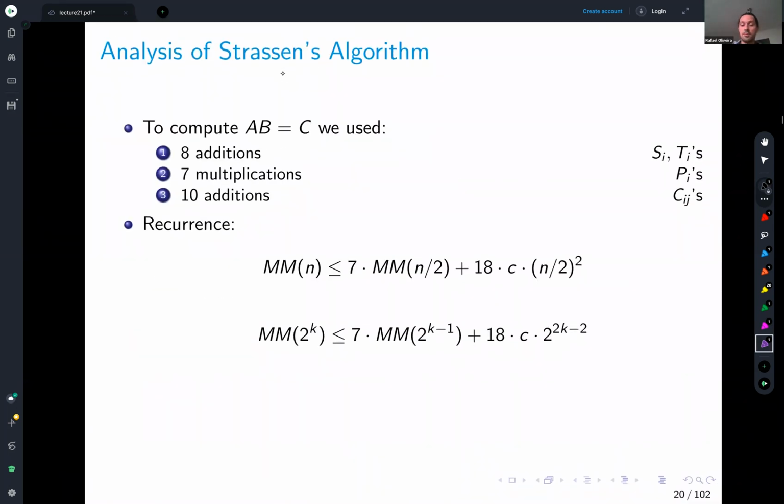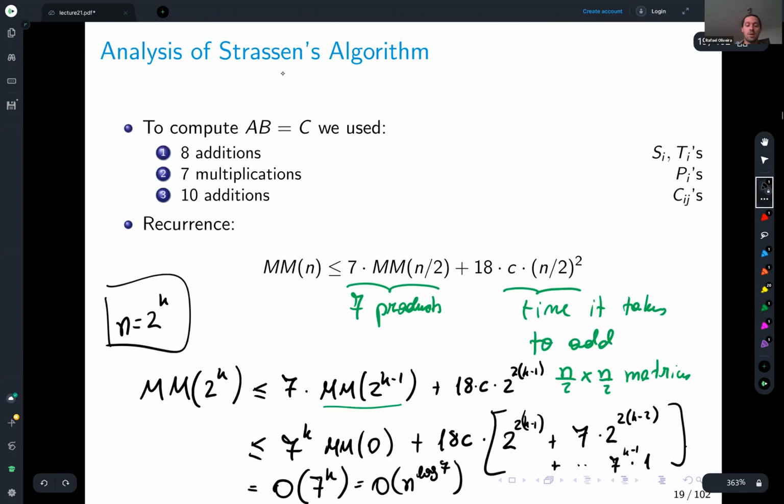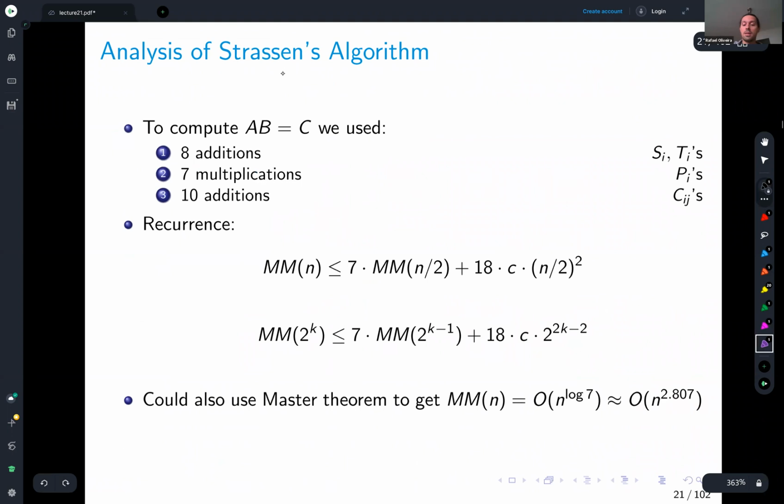So based on the recurrence that we got, this is O of 7 to the k, and now this is O of n to the log 7, but log 7 base 2 is 2.807, right? So this is already a huge improvement from n cubed.